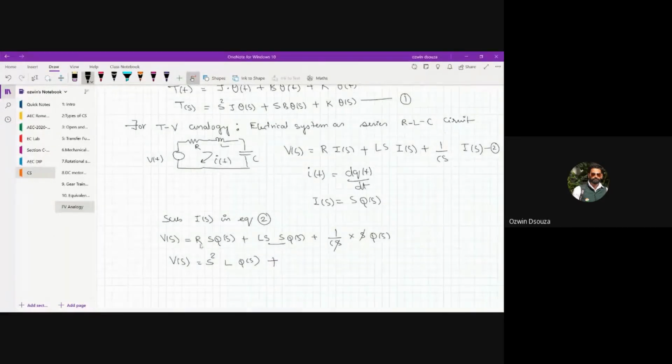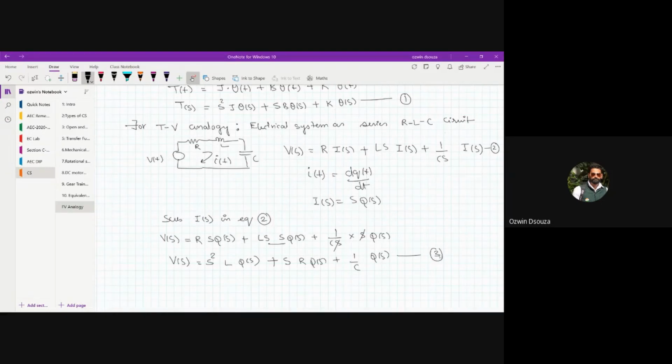Plus, highest power of s is s to the power 1. You will have to arrange basically in the descending powers of s. So s square first, then s to the power 1, followed by s to the power 0. So this is s into R into Q of s, and then 1 by C into Q of s. So this is your equation 3.